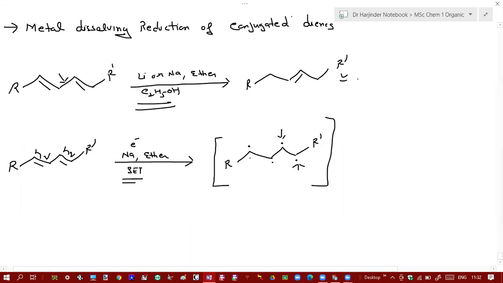Another two single electrons will form a single bond. If it goes to this carbon, this will acquire a negative charge. These two single electrons, since they are close to each other, form a double bond, and this electron will remain as such. If it goes to the other carbon, here you will get a double bond, and here you get negative charge, here a single electron.